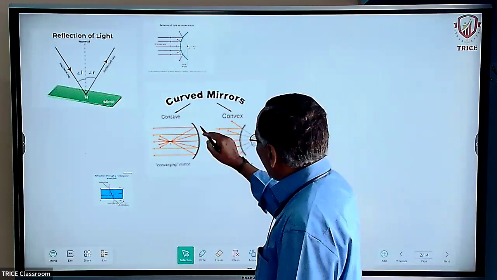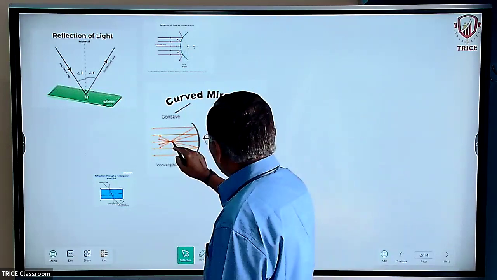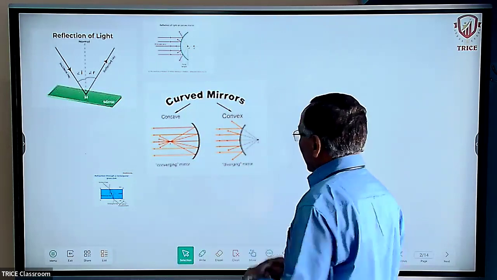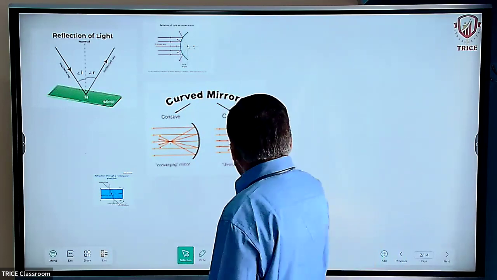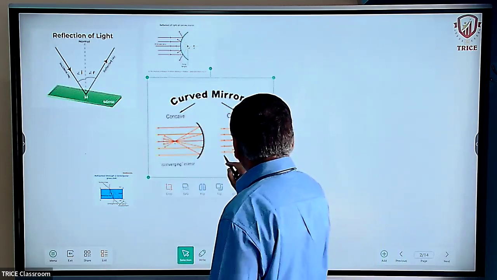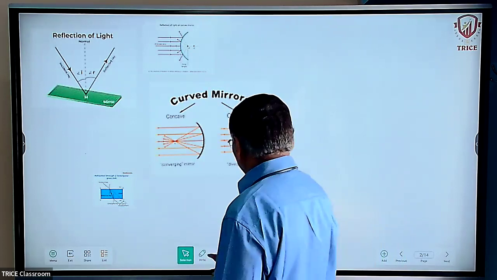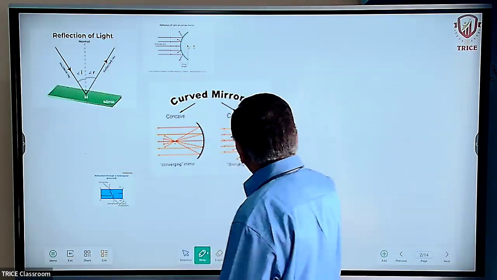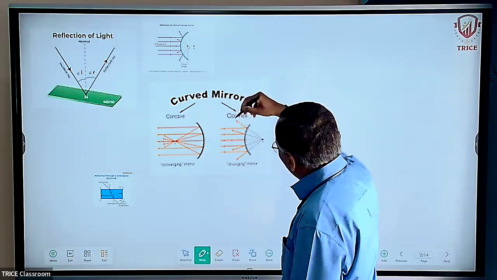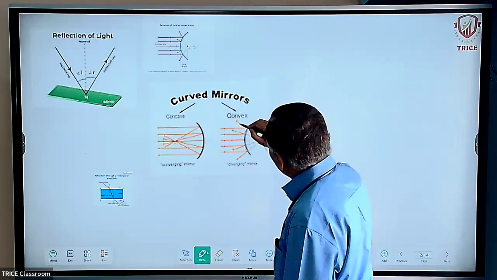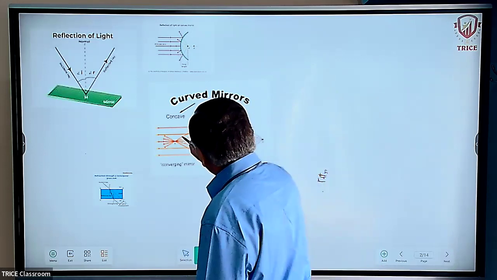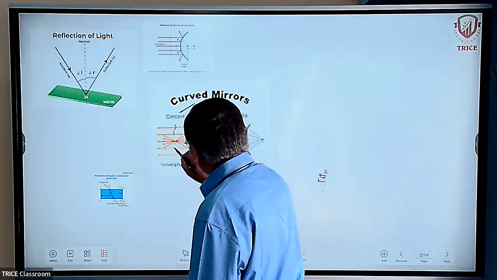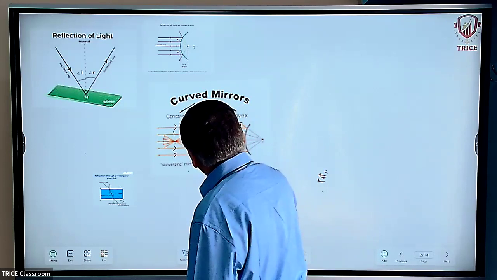Right? See here, all the light rays are meeting at one point. On the other side, this is a convex mirror. In a convex mirror, the light rays are traveling parallel to the principal axis and getting reflected. These are incident rays and these are reflected rays.